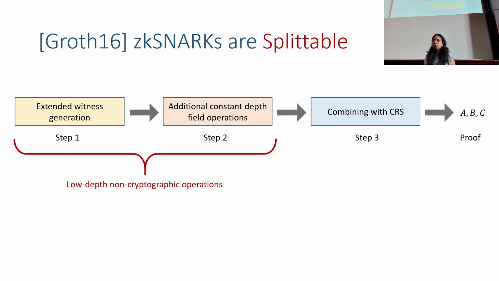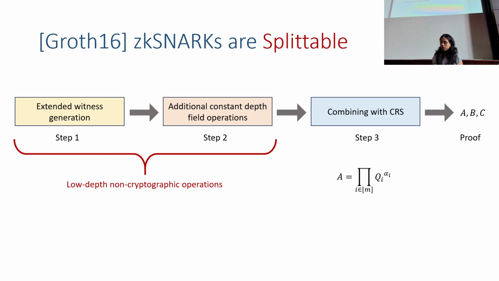So if you're designing, let's say, an HSS scheme with verifiable evaluation for some particular functions with some depth, the first step will require computations of a similar depth, and the second step only adds some additional constant depth computations.